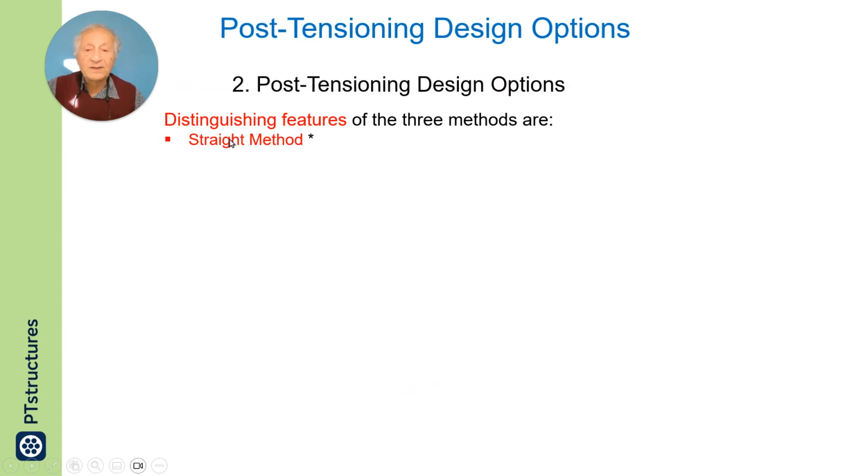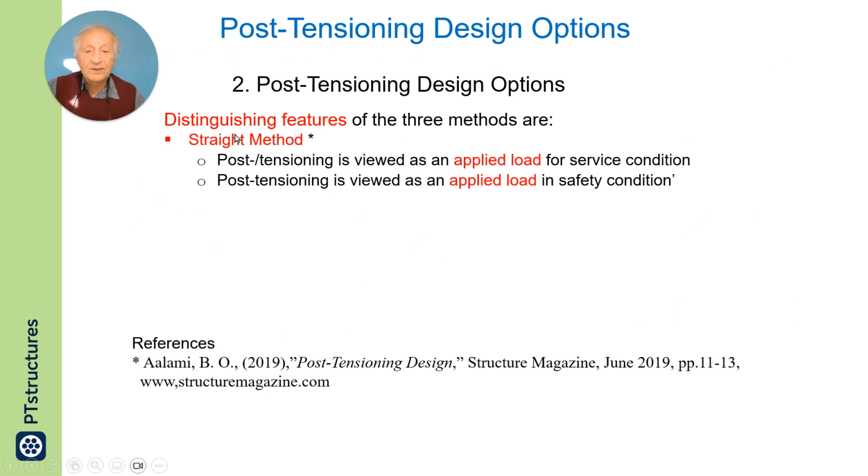Now, what are the distinguishing features of the three methods? Starting with the straight method. In straight method, which was described in detail in this reference, the post-tensioning is viewed as an applied load for service condition and is viewed as an applied load for safety condition. So post-tensioning is viewed as a load.